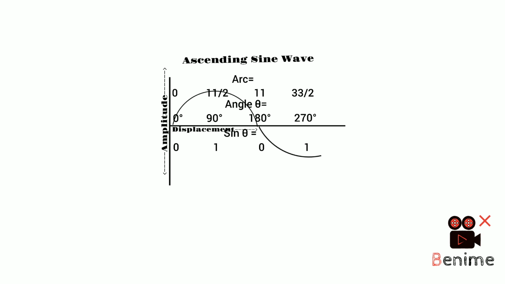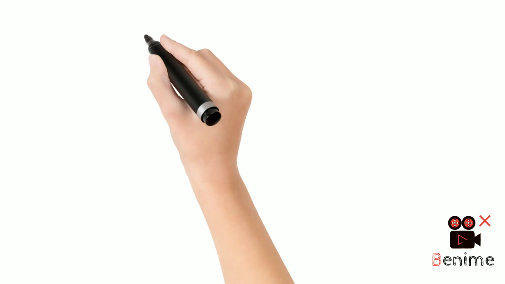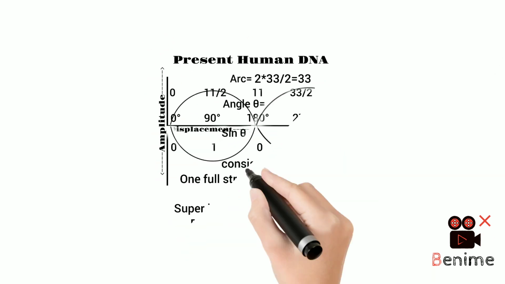So arc will be naturally 33/2, and angle will be 270, and the amplitude will be varying between +1 to -1. Yeah, so that is what you call cyclical representation, polar coordinates as we call them.